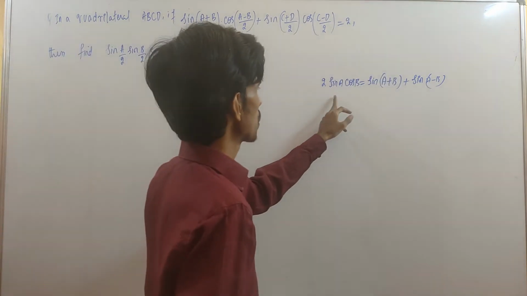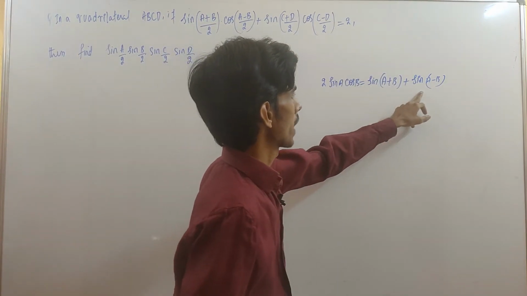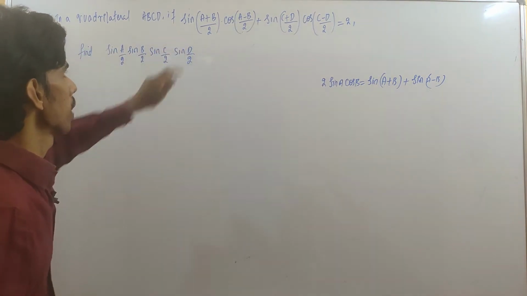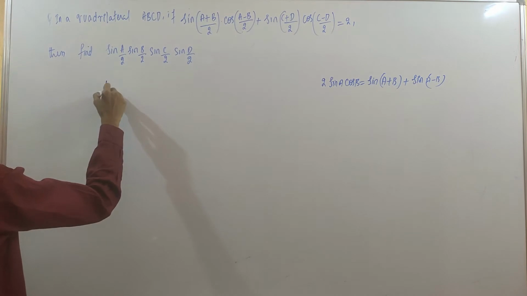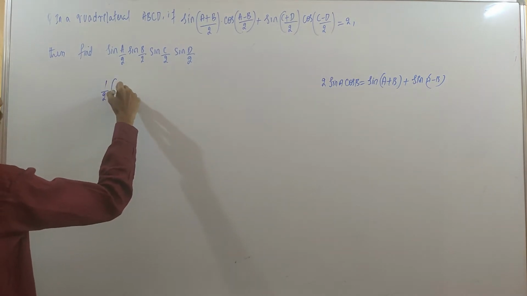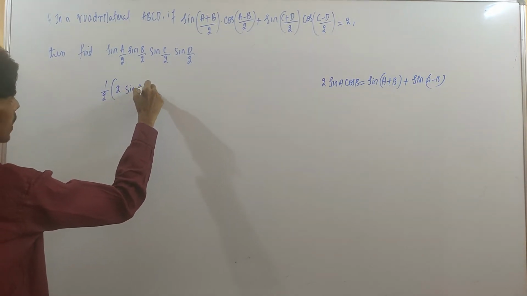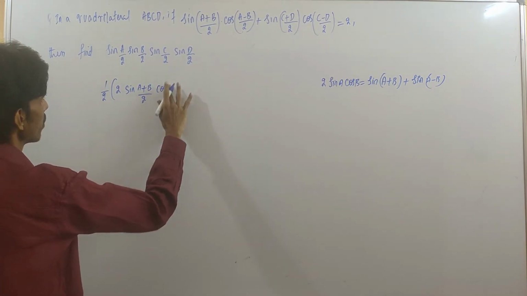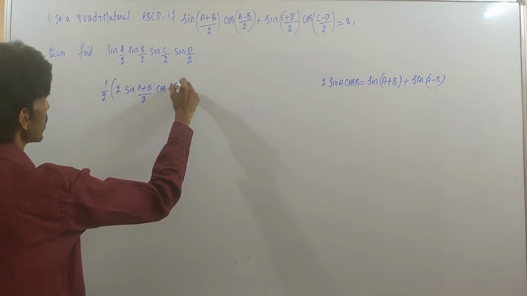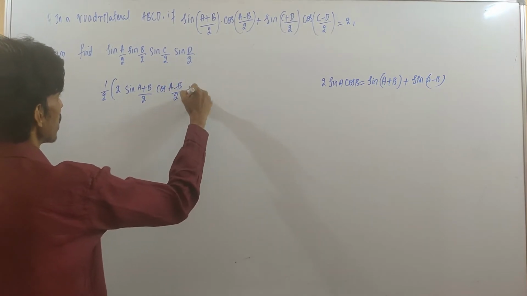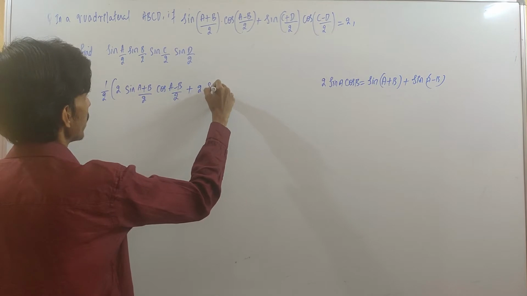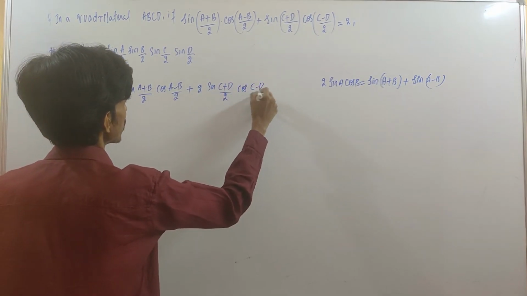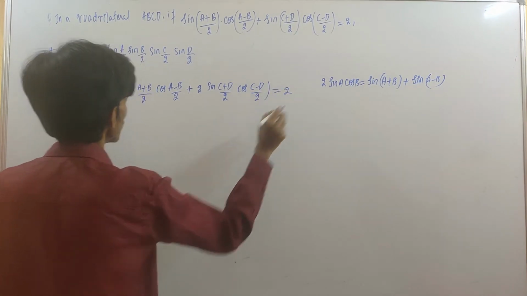We know that 2 sin A cos B value is sin (A plus B) plus sin (A minus B). Now we have sin and cos, we do not have 2, so multiply by 2 and write down 1 by 2 into 2 sin (A plus B)/2 cos (A minus B)/2 plus 2 sin (C plus D)/2 cos (C minus D)/2, that is equal to 2.